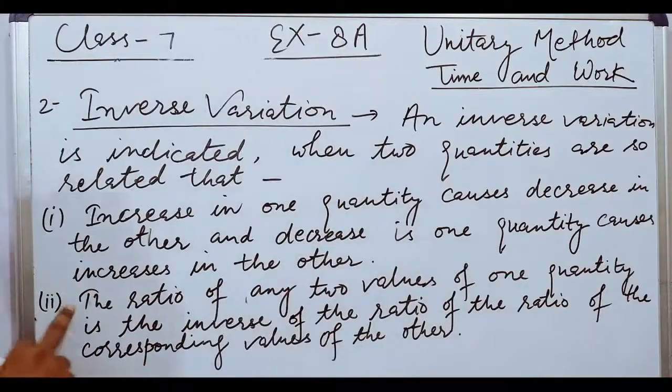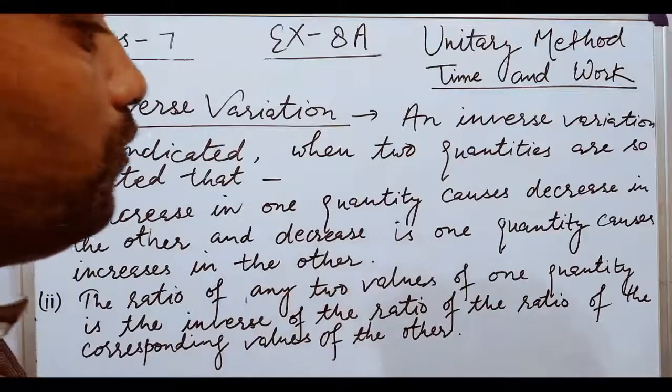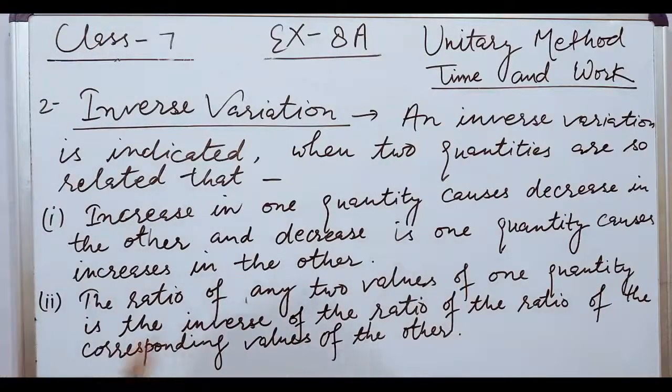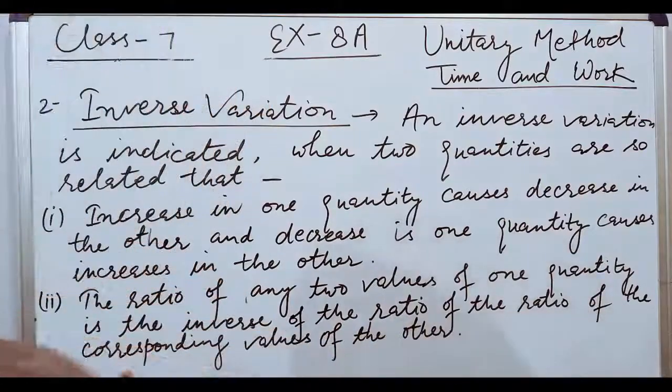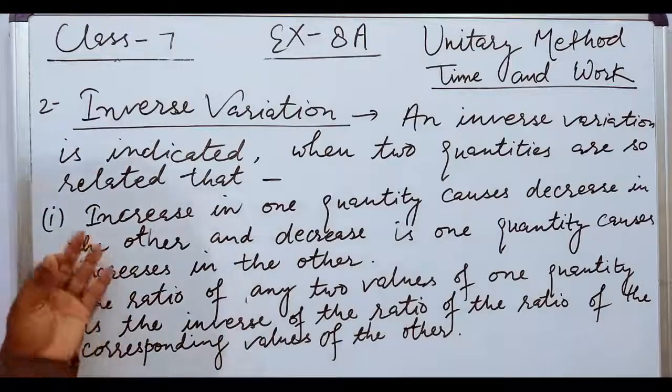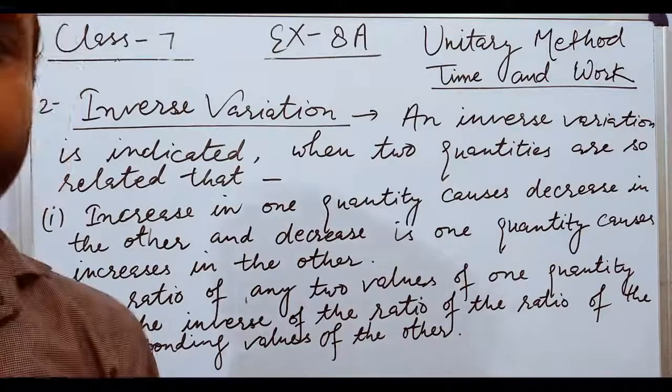The ratio of any two values of one quantity is the inverse of the ratio of the corresponding values of the other. Means the main thing is, increase in one quantity causes decrease in the other quantity.